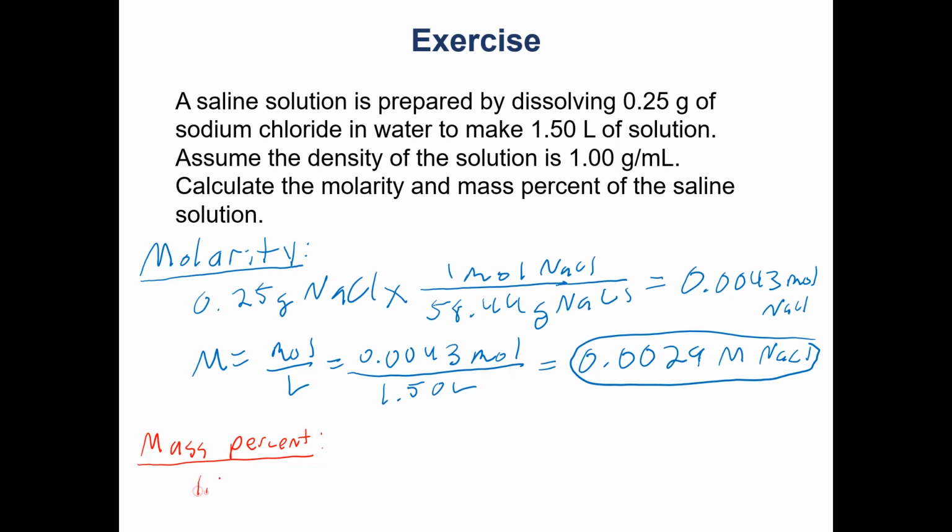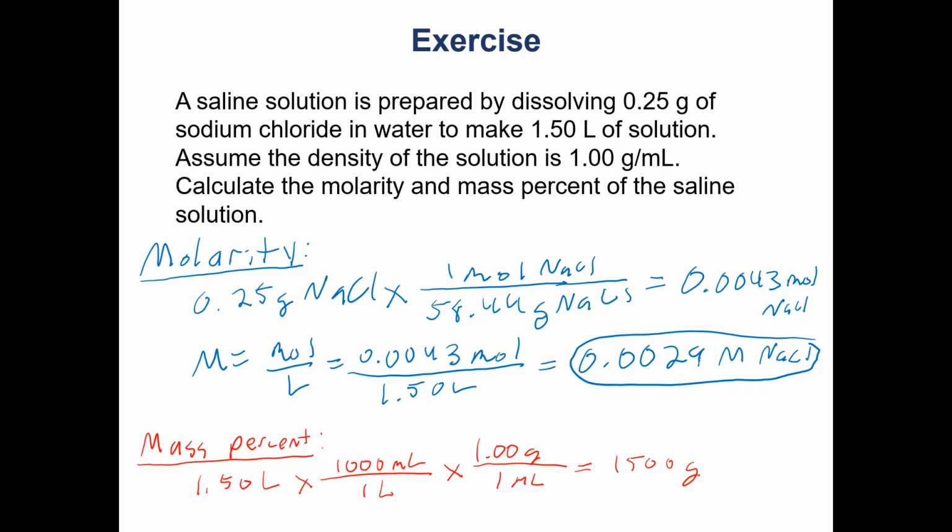So if we start with 1.50 liters, we know that there are 1,000 milliliters in a liter. And then for every 1 milliliter, we have 1 gram of solution. So 1.50 times 1,000 gives us 1,500 grams of solution.